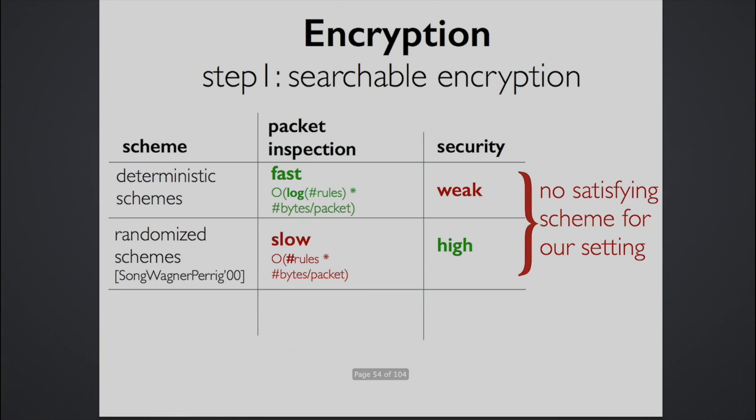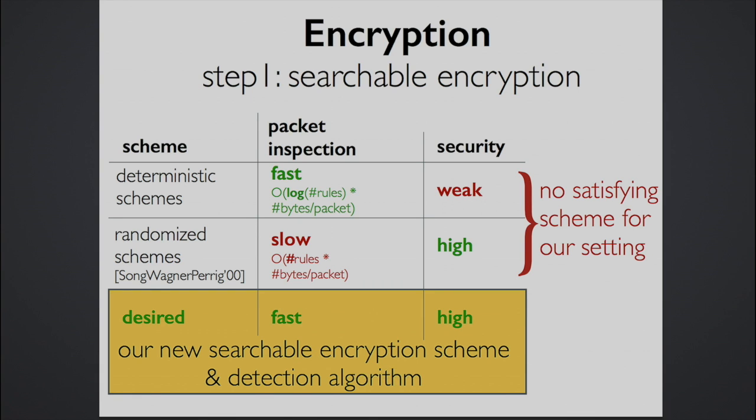And in the case of BlindBox, we really wanted both because we wanted the security of the randomized schemes and we wanted the speed of deterministic encryption. So as part of BlindBox, our first contribution was to construct such a scheme that is as secure as randomized schemes and as fast as deterministic schemes, and then to construct a detection algorithm based on this.